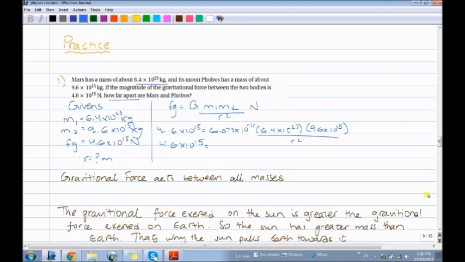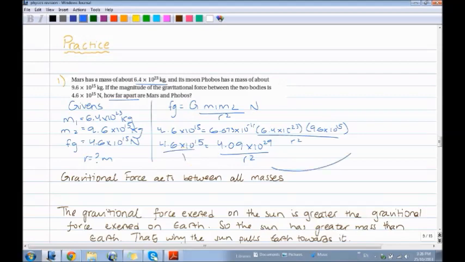Let's start with 6.673 times 10 to the power of negative 11, times 6.4 times 10 to the power of 23, and then times 9.6 times 10 to the power of 15. So it's going to be 4.09 times 10 to the power of 29 over R squared.